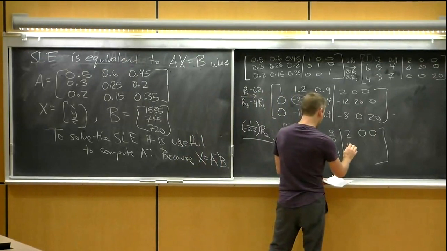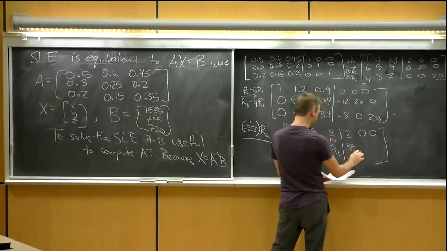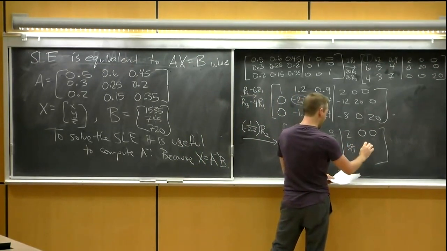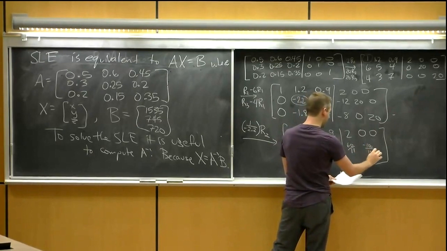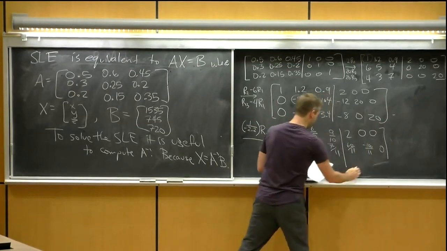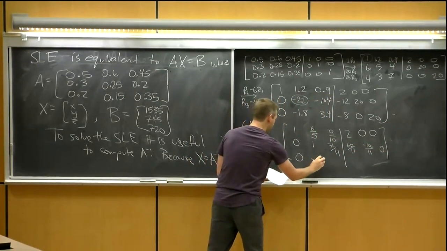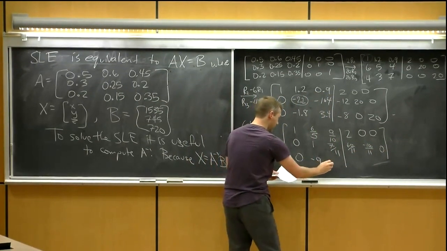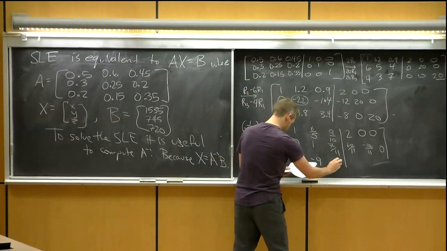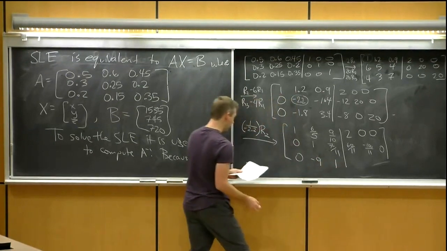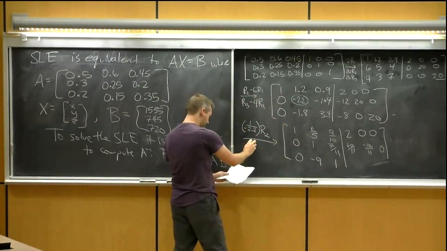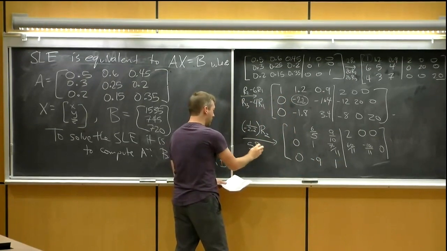And here I get another infinite decimal, 60 over 11, negative 100 over 11, 0. The last row is 0, negative 9. Oh, I guess I decided to get rid of the fractions again. So let's multiply the third row by 5.